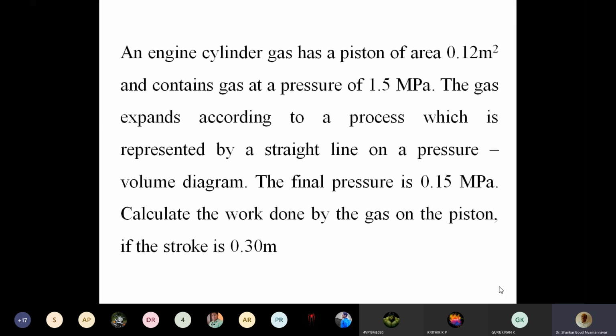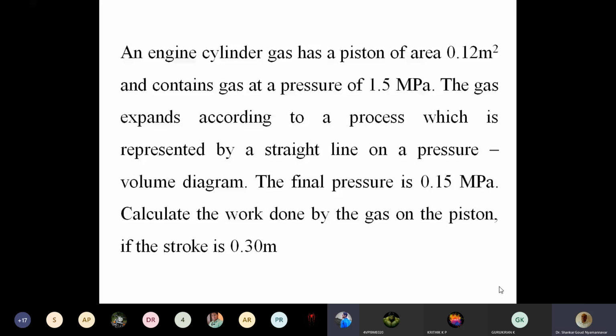If you see here, the area of the piston is 0.12, pressure P1 is 1.5 megapascal, so that will be 1.5 into 10 to the power 6 pascals. Pressure decreases to P2, that is 0.15 megapascal. This is given, right?